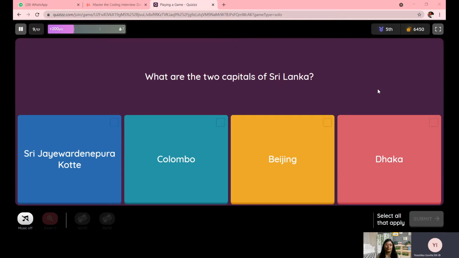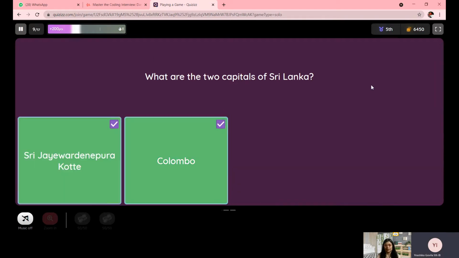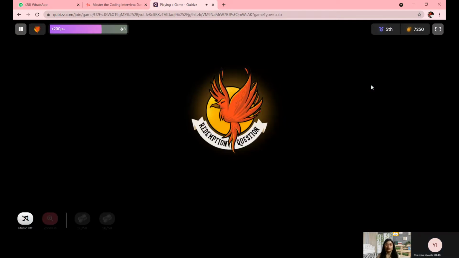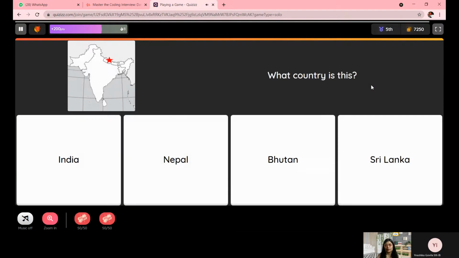It's in China. So that is not there. Even Dhaka is not there because it is of Bangladesh, and Colombo is also not there. But then again, first and second, because two capitals are written. The most famous one is Colombo only, but the first one, I think there's a new capital.